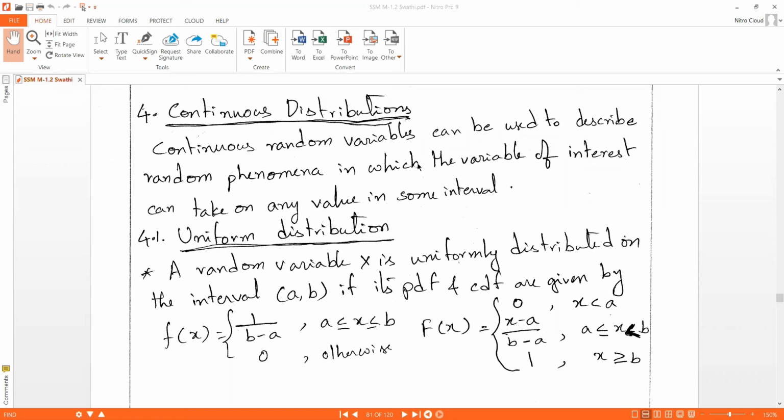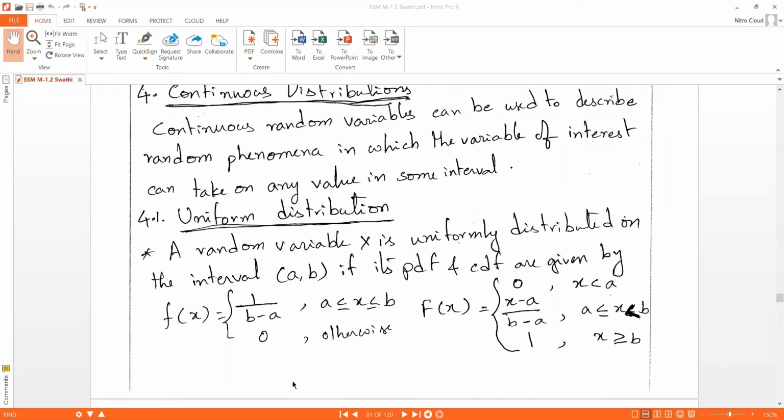Okay, here we have the uniform distribution. A random variable x is uniformly distributed on the interval a comma b if its PDF and CDF are given like this. PDF will be f of x equal to 1 by b minus a for all a less than or equal to x less than or equal to b, otherwise 0.